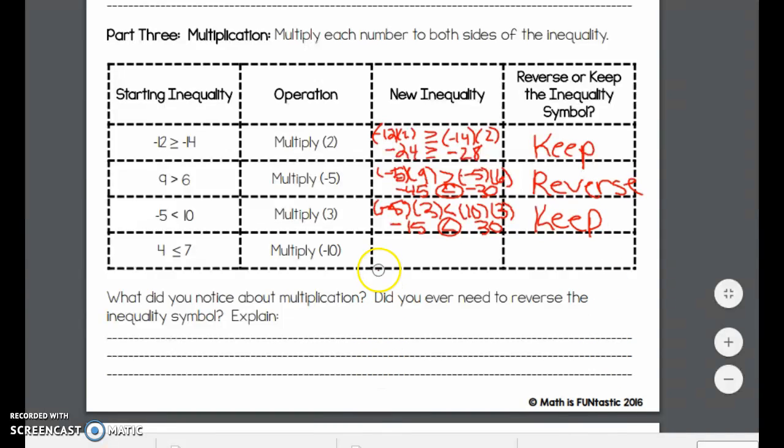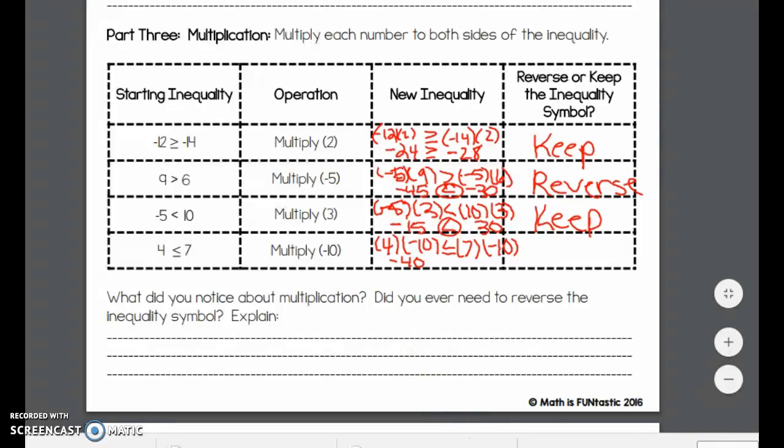And for the last one, you have 4 times negative 10 is less than or equal to 7 times negative 10. And 4 times negative 10 is negative 40.